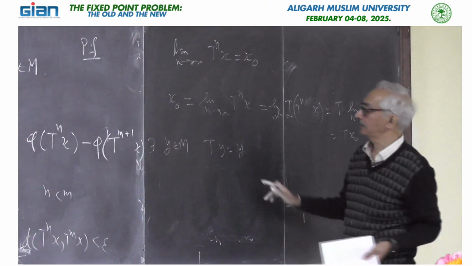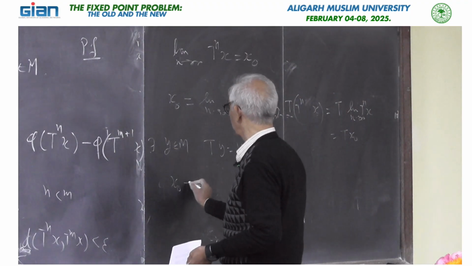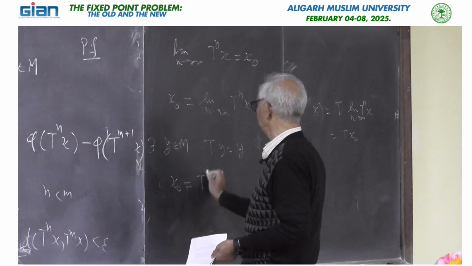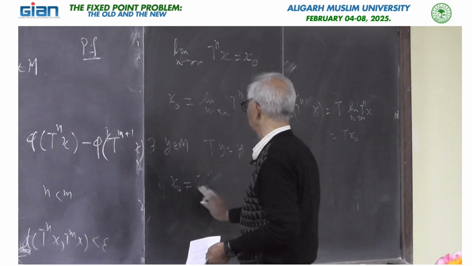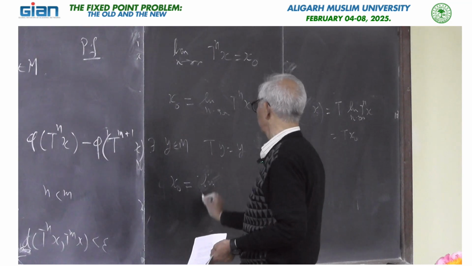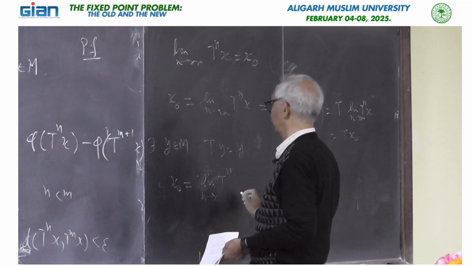Now this x0 is actually the limit as n tends to infinity of Tn of x.